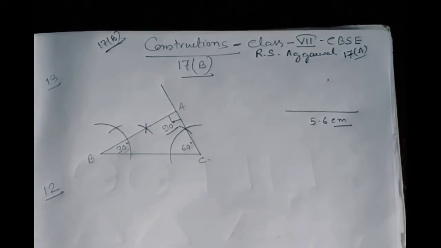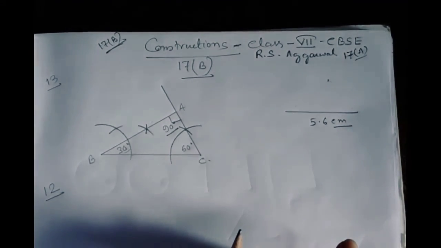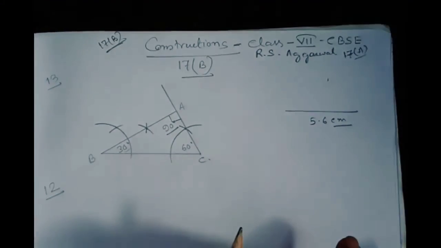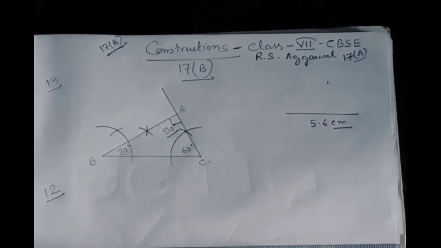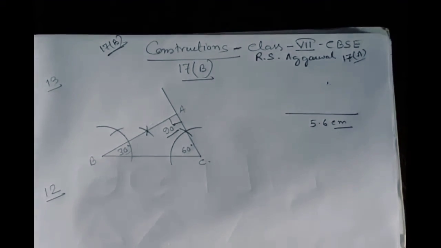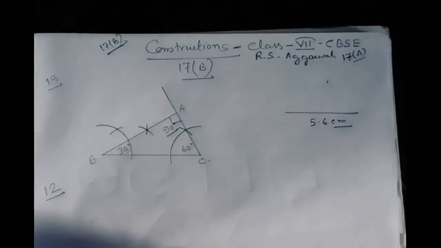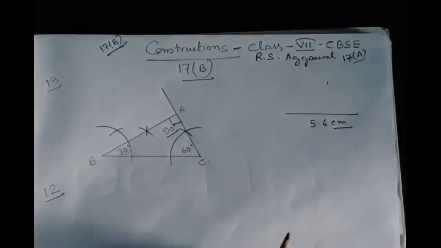So hypotenuse is given 6 centimeter and one side is given 3.5 centimeter. So I am taking that side 3.5 centimeter here. This is 3.5 centimeter.